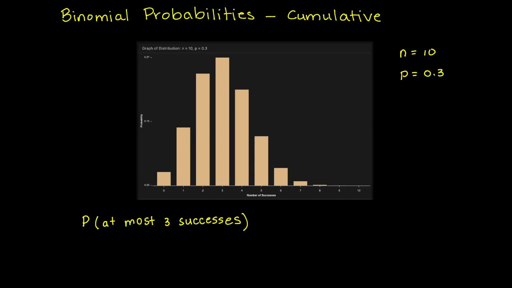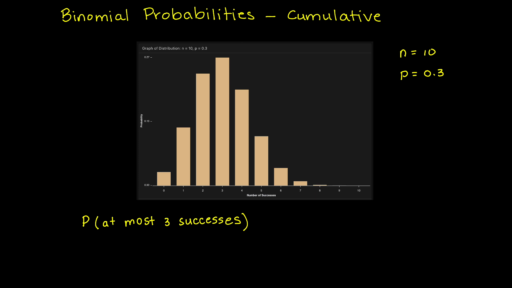Let's take a look at how we calculate binomial probabilities when we're looking at a cumulative situation where there's more than one probability involved. In this situation, we have 10 trials and the probability of an individual success is 0.3.